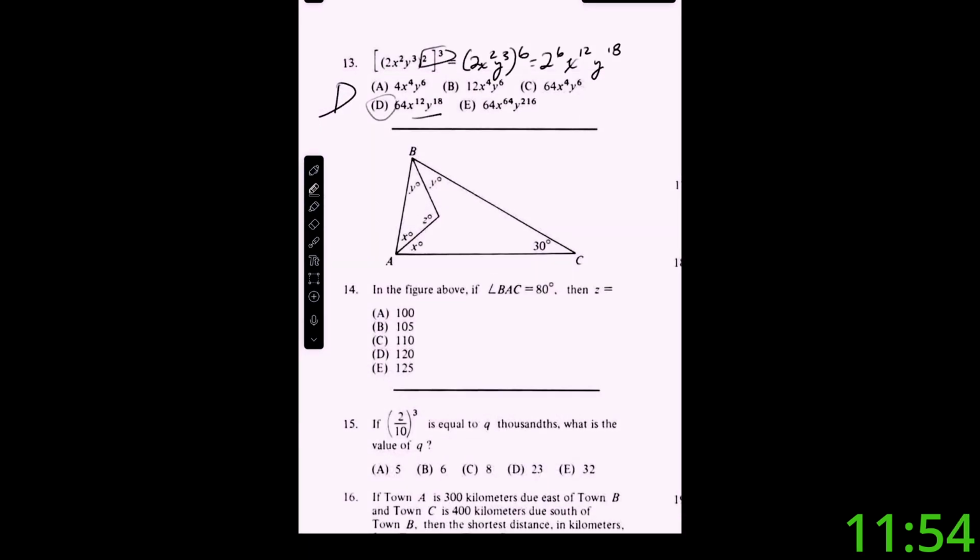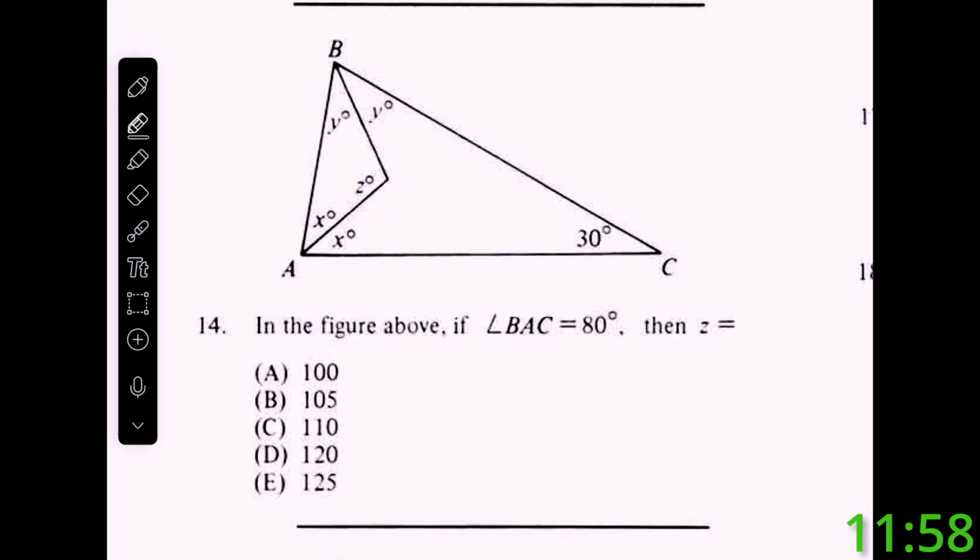14, in the figure above, geometry's not my favorite. If BAC is 80, then angle Z equals. So, all right, they want to know that angle. If BAC is 80, so this whole angle here is 80 degrees.